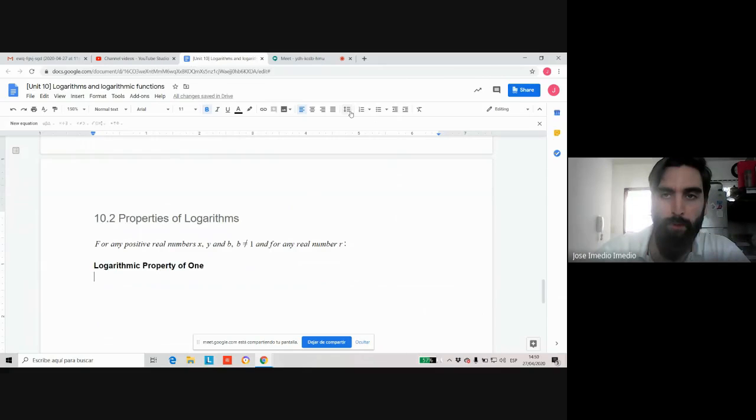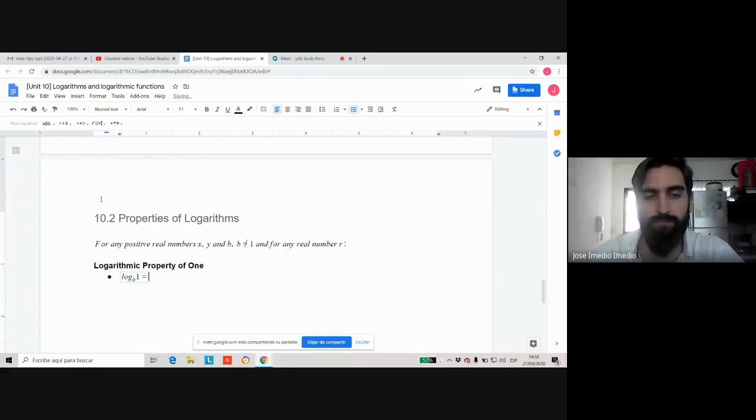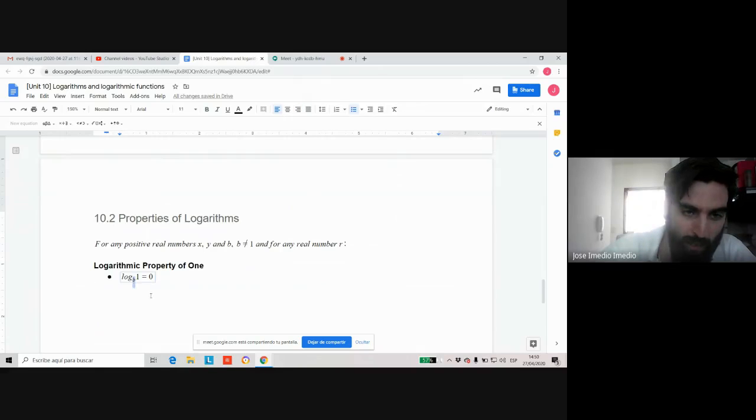What does this property say? It says that for any logarithm base b of 1 is 0. That makes sense because the logarithm, as I explained in the previous video, is the number to which I need to raise the base in order to get this one.